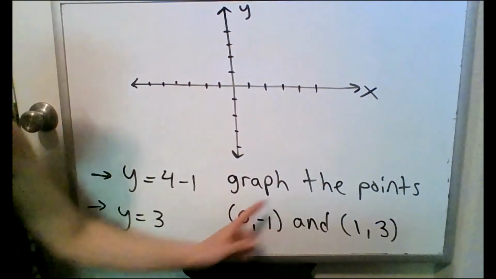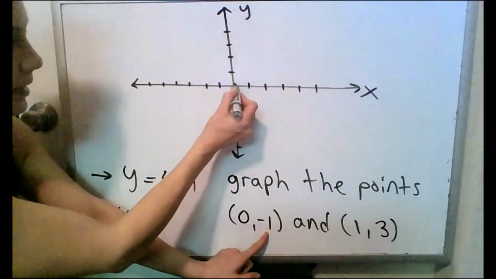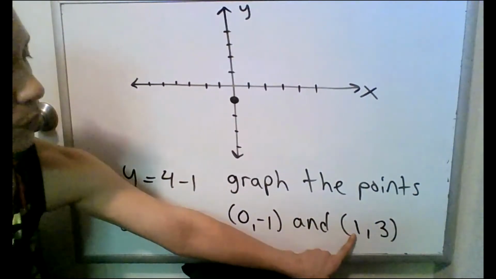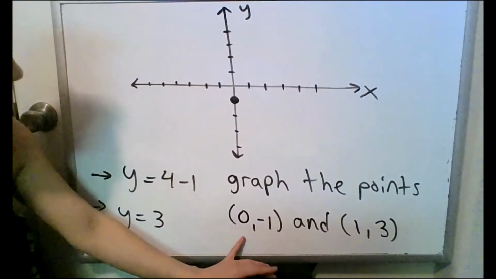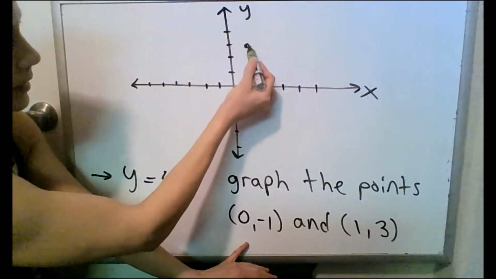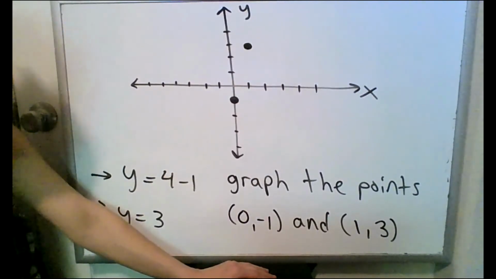Okay, so we're here with the point (0, -1). So 0 for x, -1 for y. And then (1, 3). Pull over 1 for x and up 3 for y. And then draw a straight line through those points.